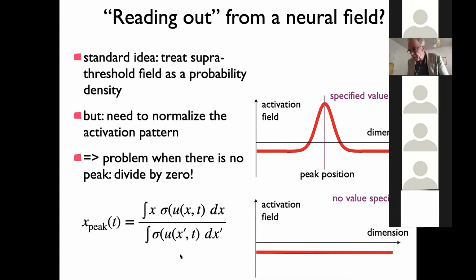It's a problem conceptually because we are exactly interested in cases where there is either a peak or no peak. That's the detection instability. If we have not detected a target, we want to still be able to run this system, and so the neural field is supposed to not give some infinite response. That's a well-known problem, and a lot of work in computational neuroscience deals with that problem.